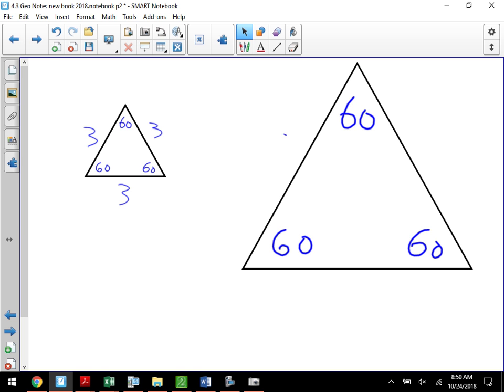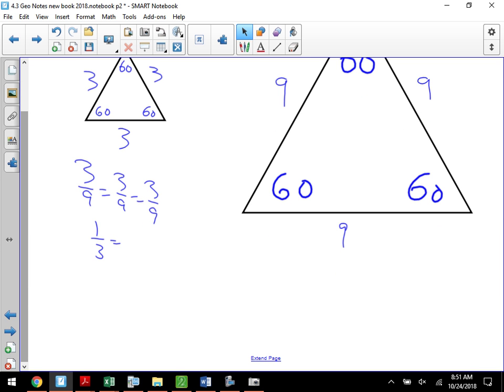And if this is all 9s, these are all 9s. So if you talk about the ratio, the ratio of the sides would be 3 to 9, 3 to 9, 3 to 9. All of those fractions simplify out to be the same thing, 1/3. You get what's called a scale factor.